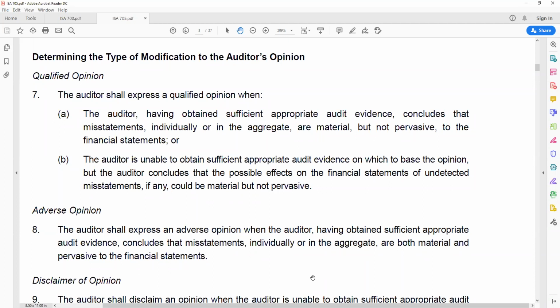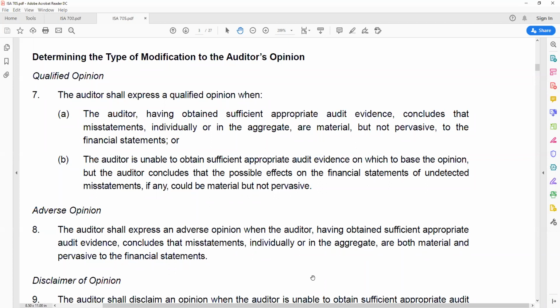In short, you're not able to obtain sufficient appropriate audit evidence on which to base the opinion. But the auditor concludes, so this is 7B, that the possible effects on the financial statements of undetected misstatement, if any, could be material but not pervasive. Material but not pervasive.